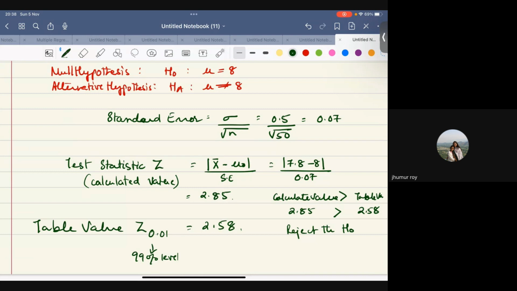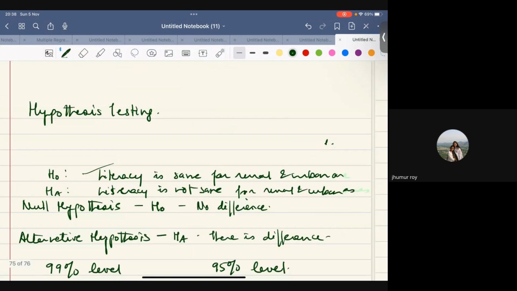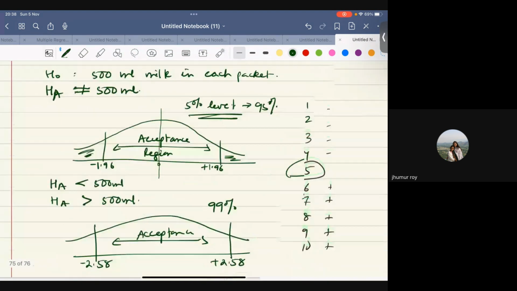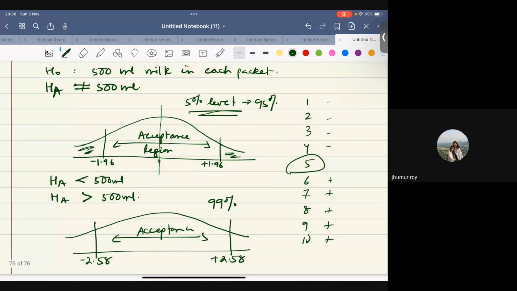Okay, how did we reject it? I'm going to the previous place just to explain this again. If you see, this is the value of 2.58. So here will be the value of 2.85. So it is in the rejection area. Is it clear now? It is more than 2.58. So it is going in the rejection area.